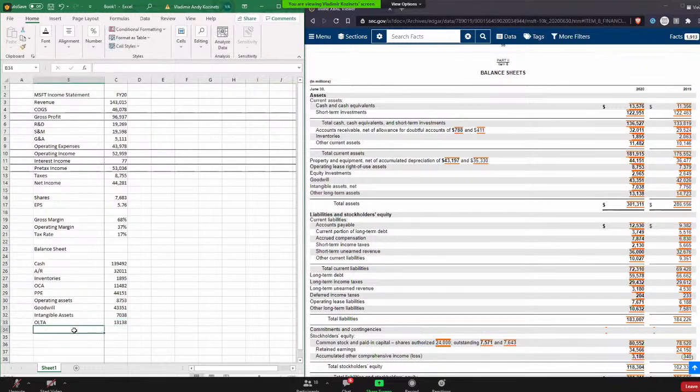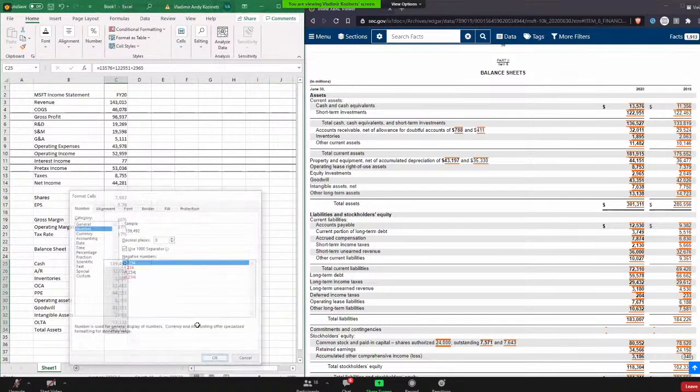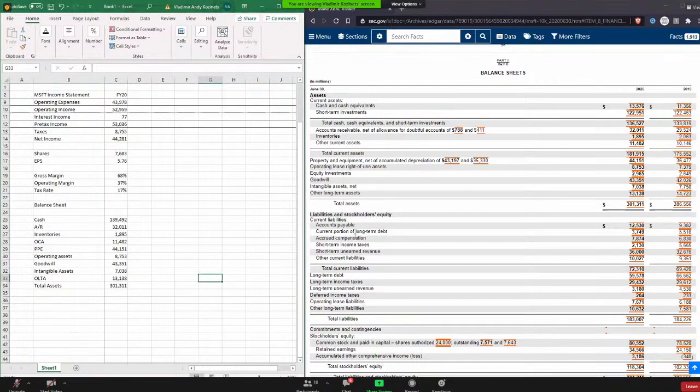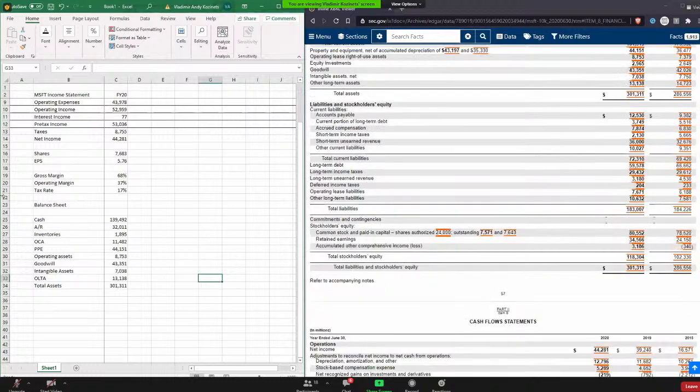Then we'll have total assets from this, so we'll just sum it up. And it's the same number as here, 301311. Let's reformat this real quick as a number. After that, we have liabilities and stockholders' equity. I call it shareholders' equity.